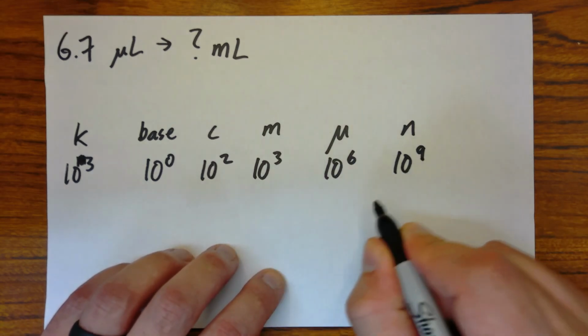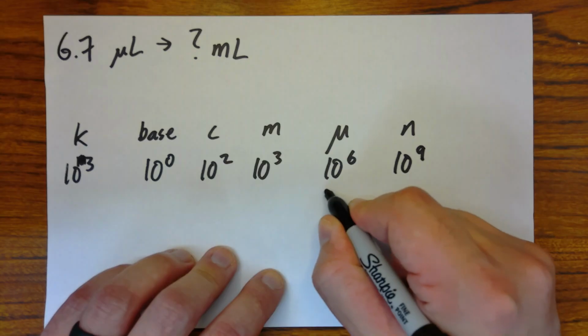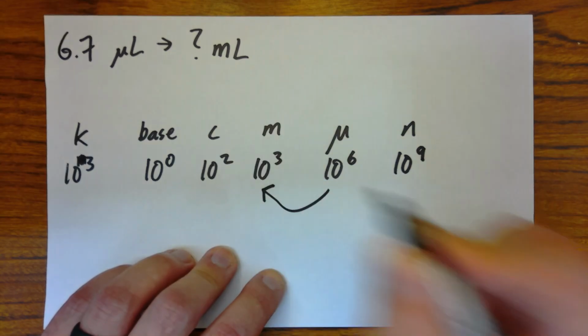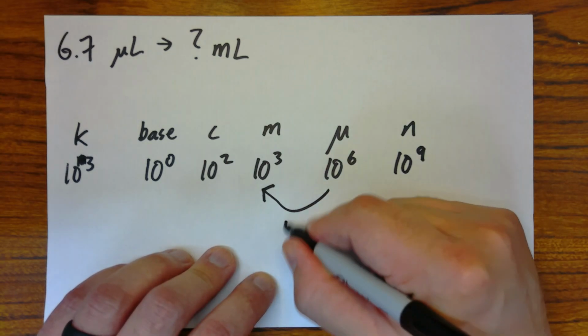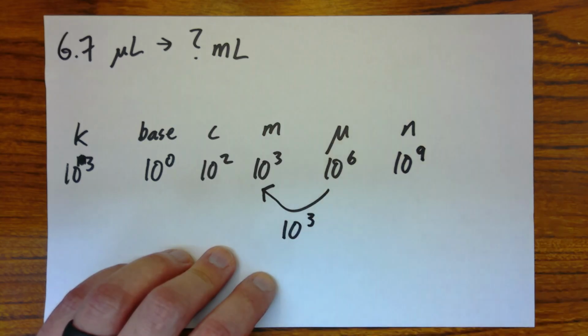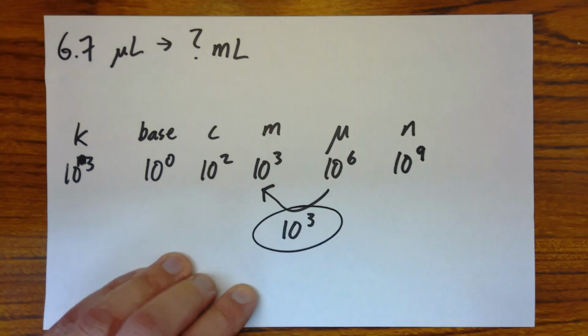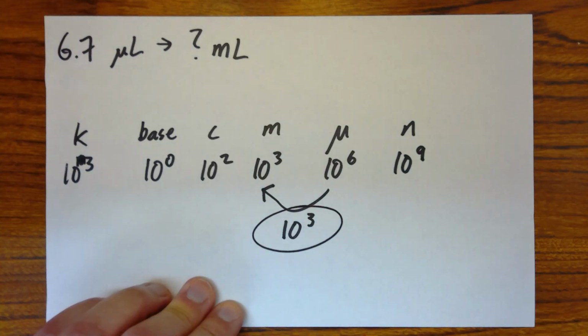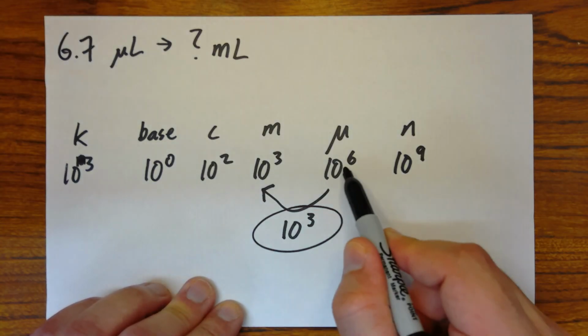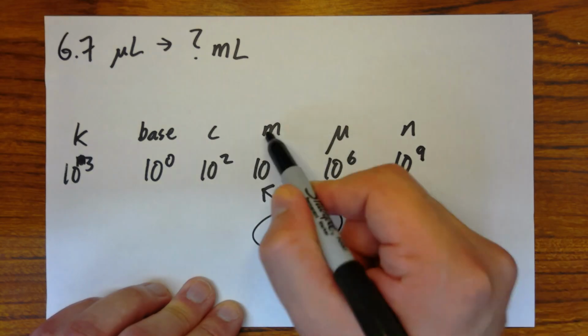We are trying to go from micro to milli. So we see there is a 10 to the 3 power difference here. This could be a useful piece of information. But again, we're going from 10 to the 6, or micro, to milli.